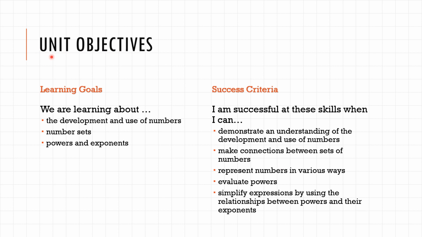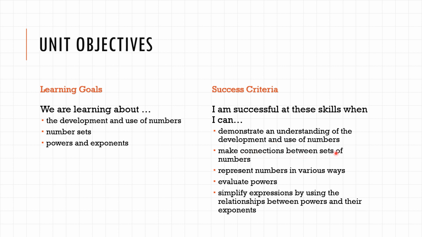So in this unit, we are going to be learning about the development and use of numbers. We're also going to be learning about number sets, and then we're going to transition into powers and exponents. How do you know you have successfully completed this unit? When you can demonstrate an understanding of how numbers have been developed and how they are currently used.